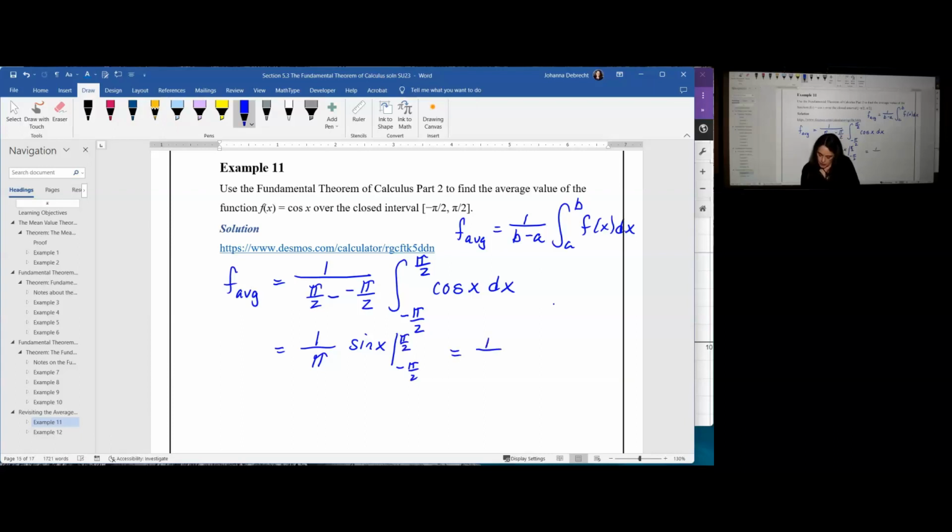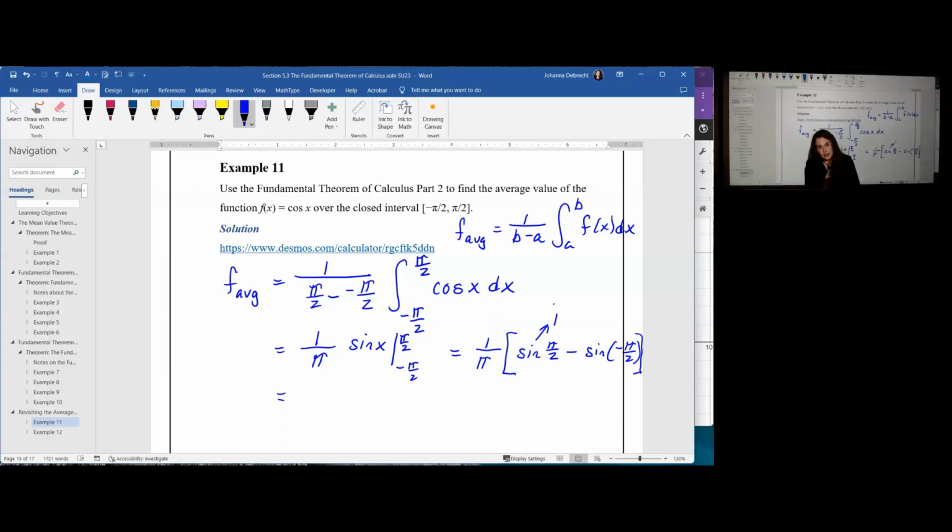I'm going to leave the 1 over pi outside as a constant factor. It's a fraction, and this will make my work easier. I substitute the upper limit of integration into the antiderivative function and subtract what I get when I substitute the lower limit of integration into the antiderivative function. The sine of pi over 2 is 1.